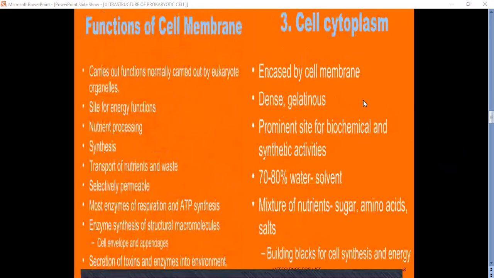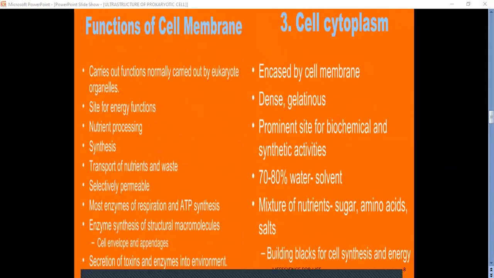There are different functions of the cell membrane.